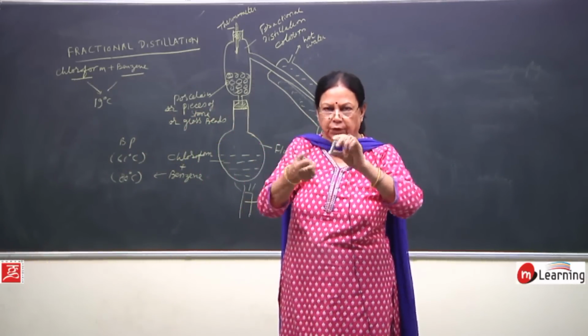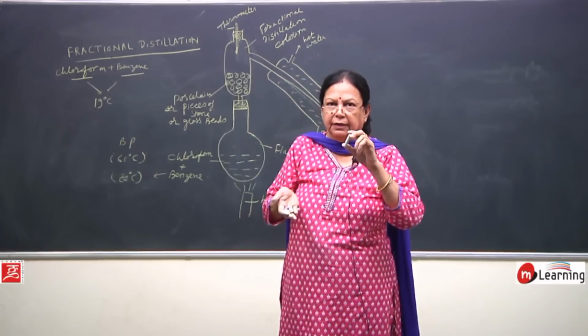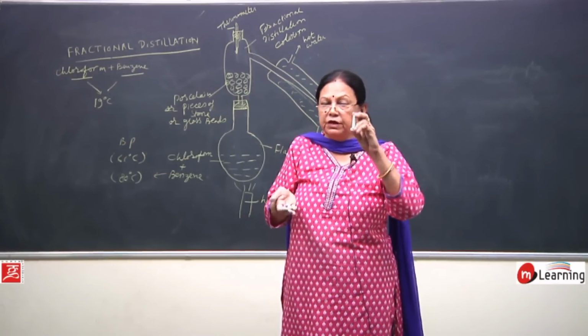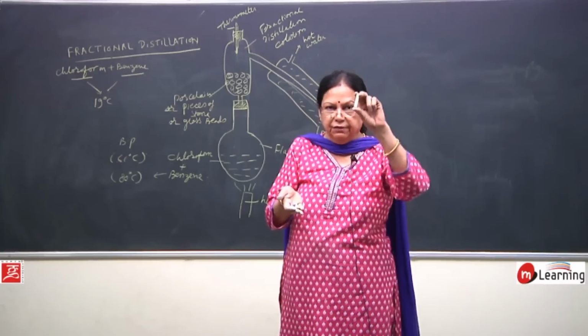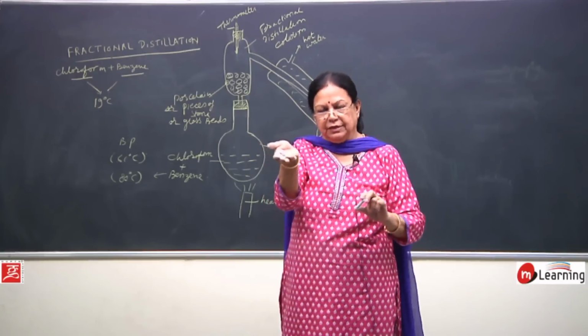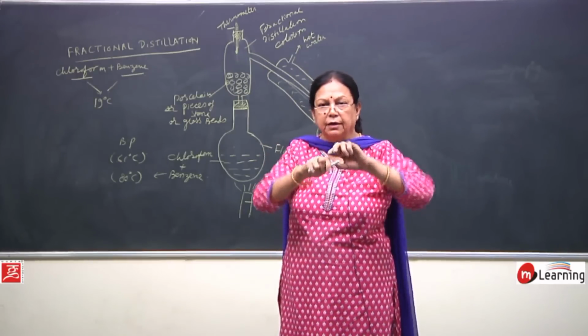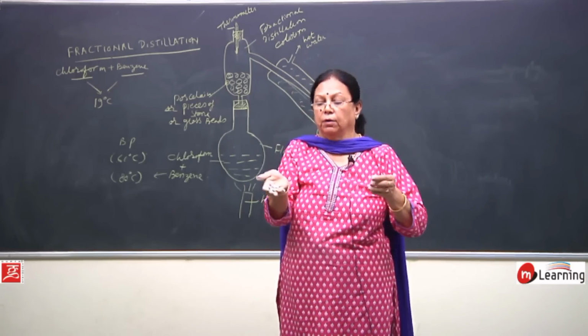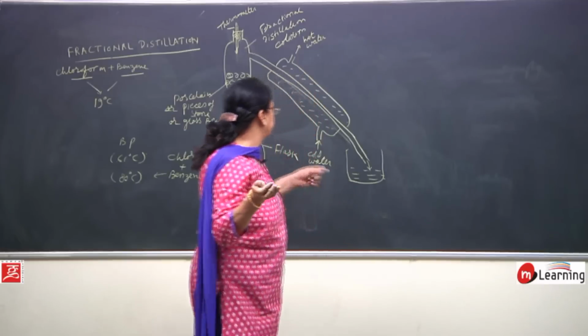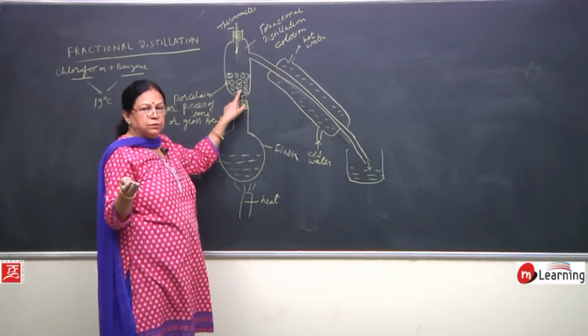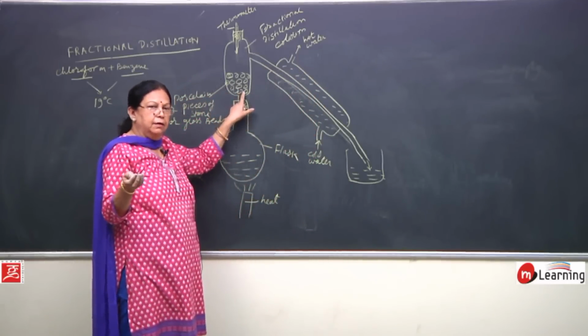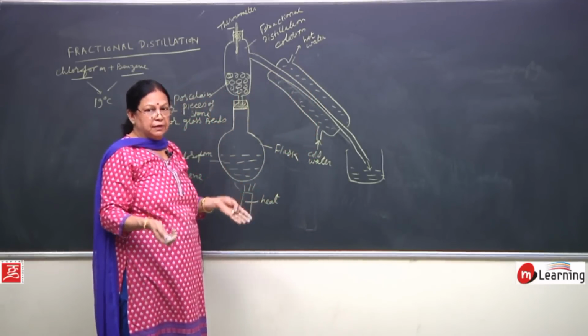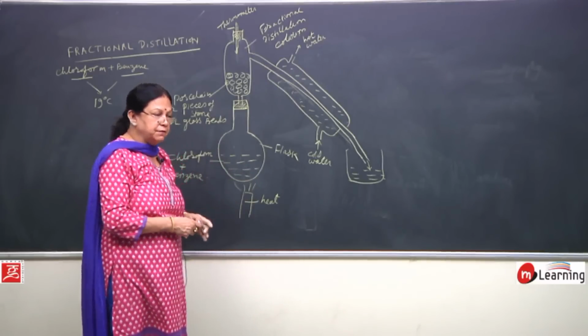Same chalk I have broken down and taken in the form of pieces. Which will have more surface area? This will have or this will have? Obviously, this will have. Why? Because here the inner part has also come out. So here the same thing, small pieces of stones or glass beads are taken for increasing the surface area. What for are we increasing the surface area?